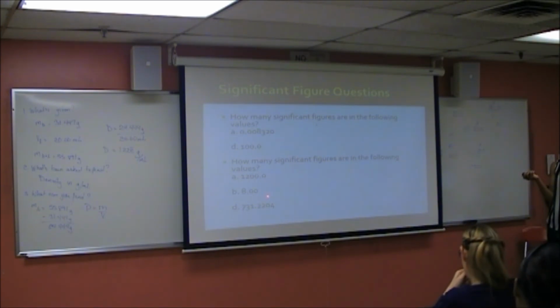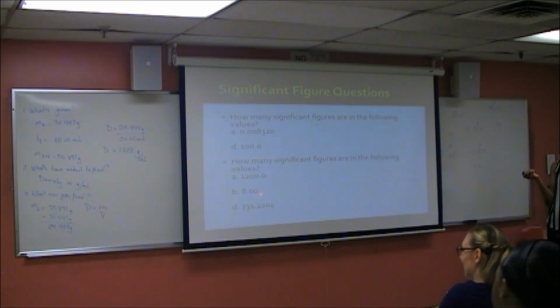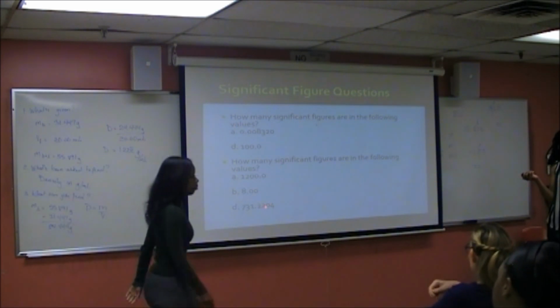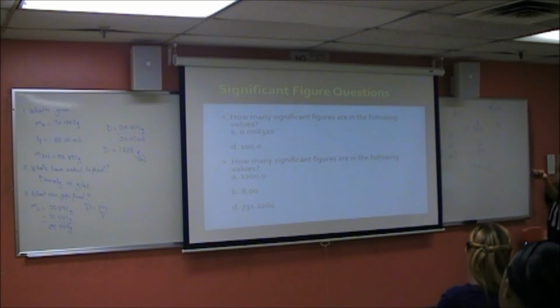How many? Probably 3. What do you mean probably? So we have 3. Are we in agreement? Yeah. So it's 3 because these are trailing zeros with your decimal point.